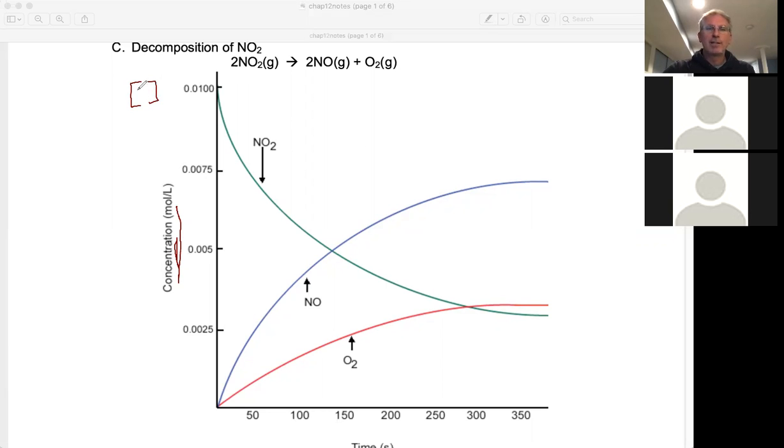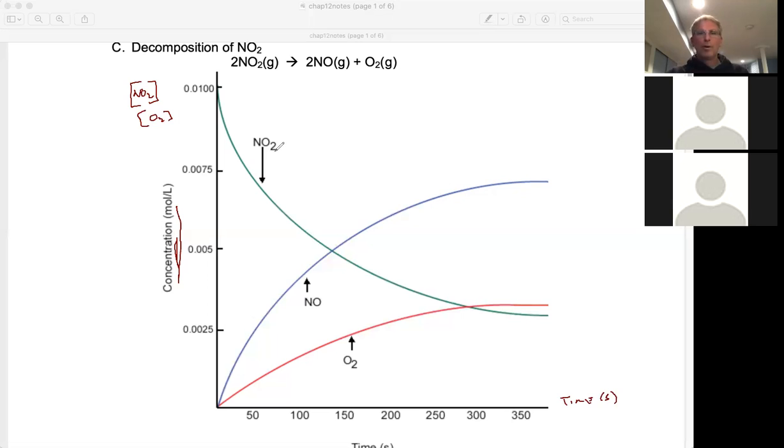So it could be the concentration of the NO2, or it could be the concentration of the O2, like it's just a concentration axis. And then down below is our time axis. Did it get cut off on your screen? This is time in seconds.